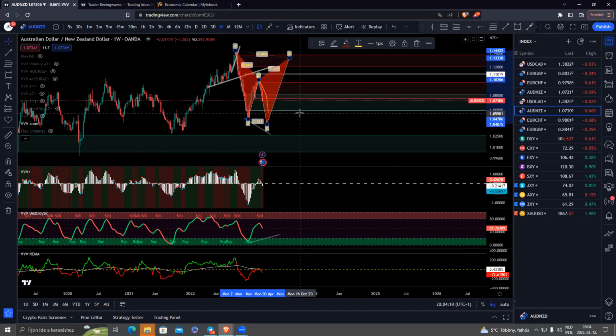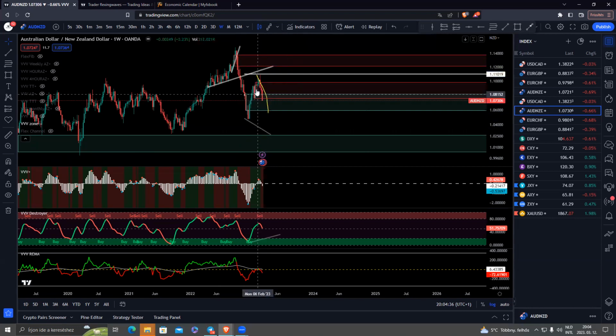Okay, the butterfly pattern what I mostly like to see in the market, but it's the bigger version. It takes weeks and months to make this move. Okay, but it depends mostly if the price comes down, how the volume is going to look like.